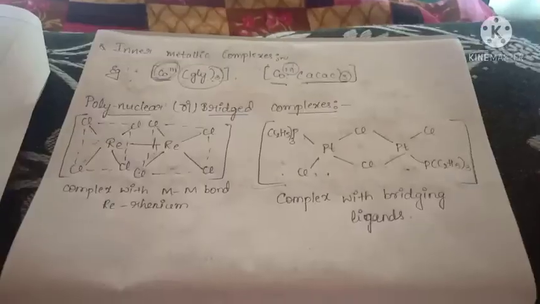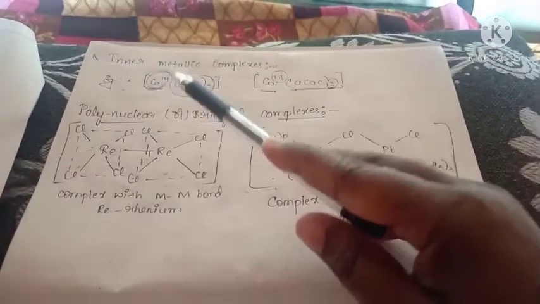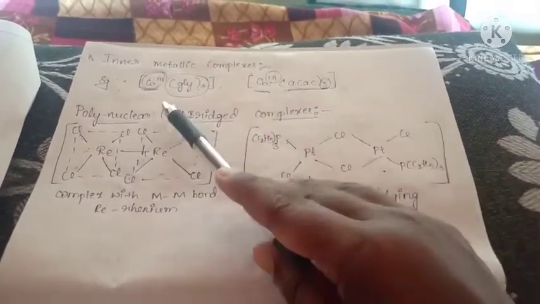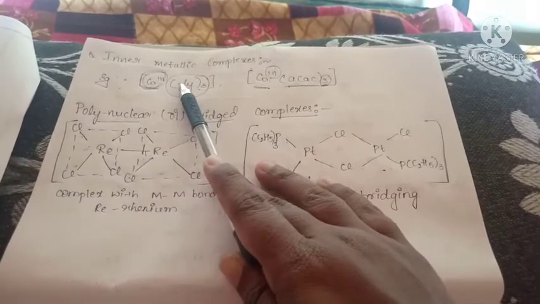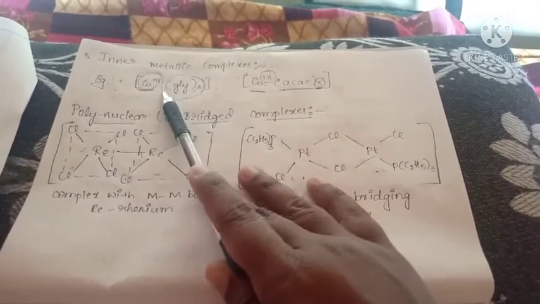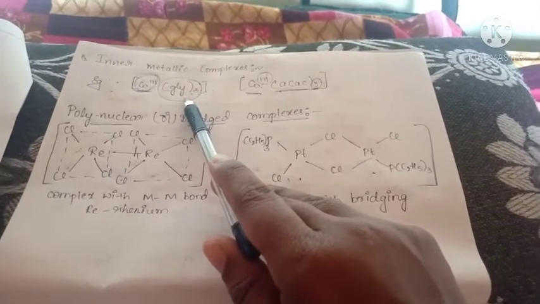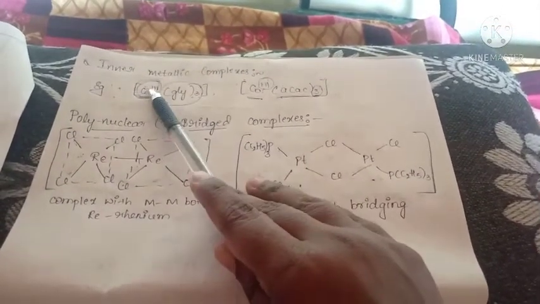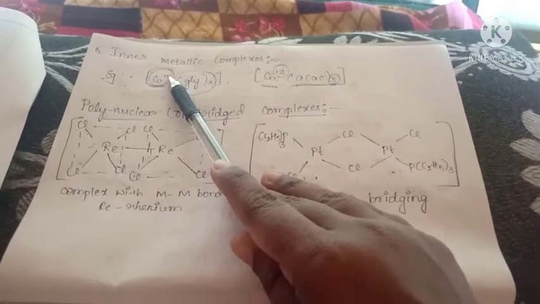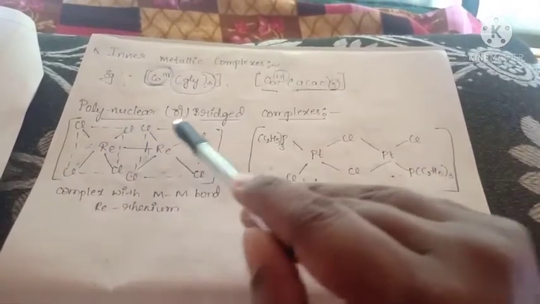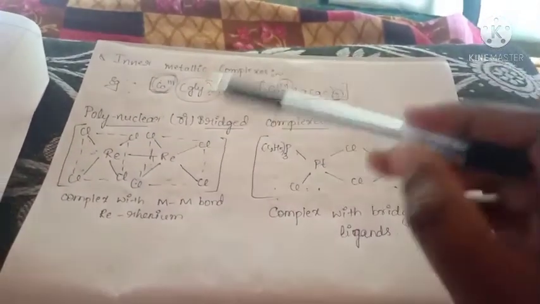Okay. So in today's class we learnt about the inner metallic complexes, in which the central metal atom and the ligand are in the same sphere. The coordination number is also 3. Next is polynuclear or bridged complexes.